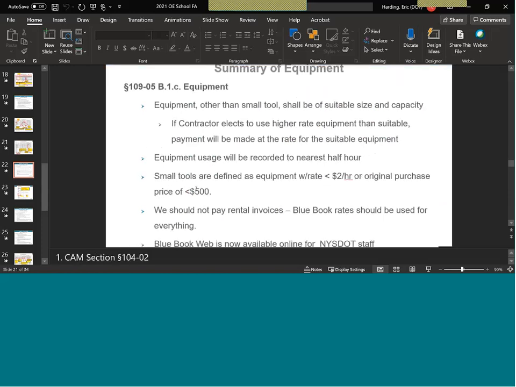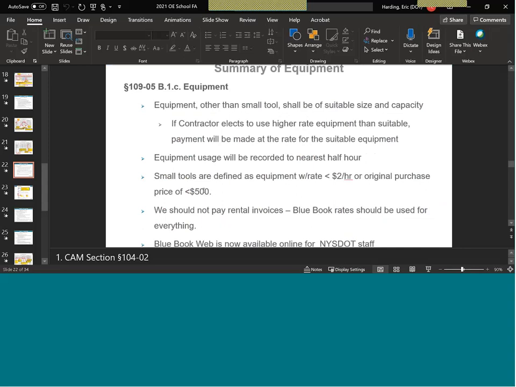Equipment other than small tools shall be of suitable size and capacity. We talked about this earlier, not wanting to bring huge excavators out to dig a small conduit run, but if that's what the contractor has on hand, you've got to look at the cost of shipping in a mini excavator and all that.